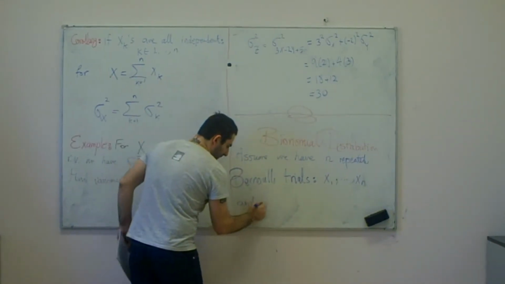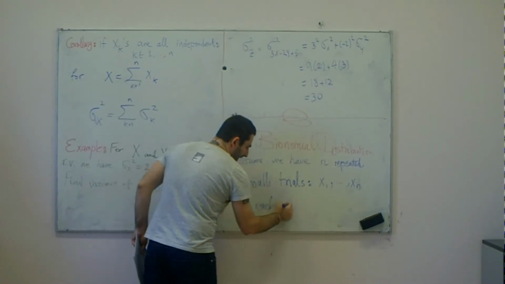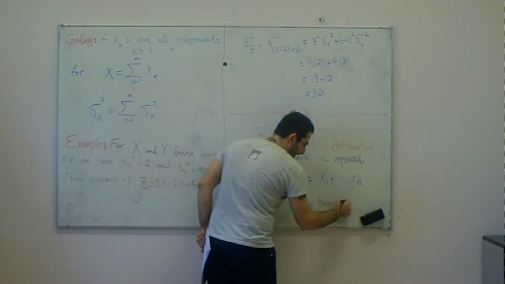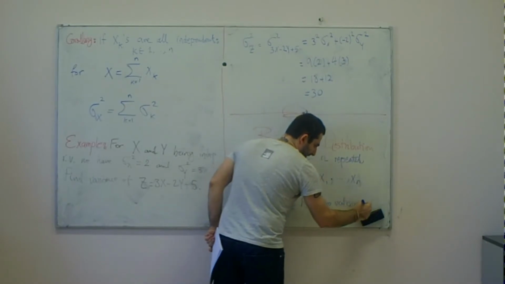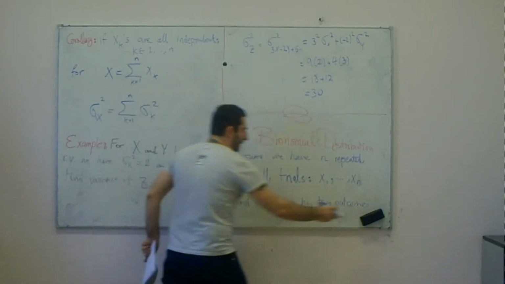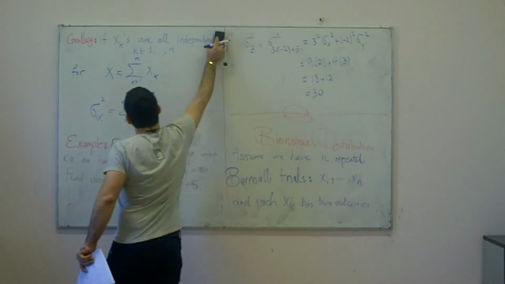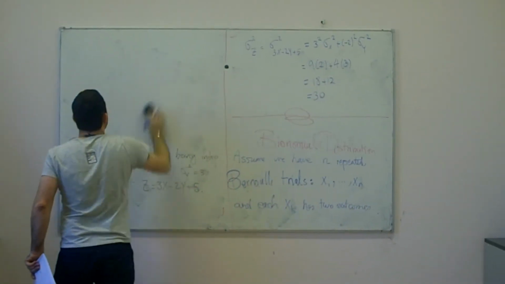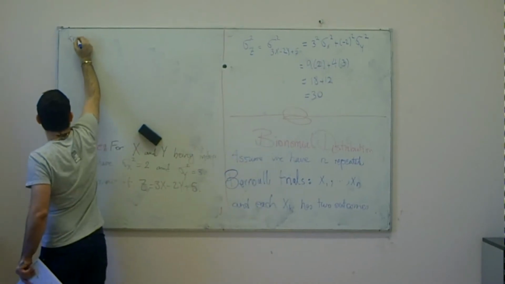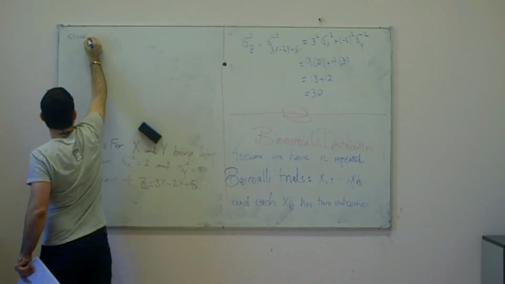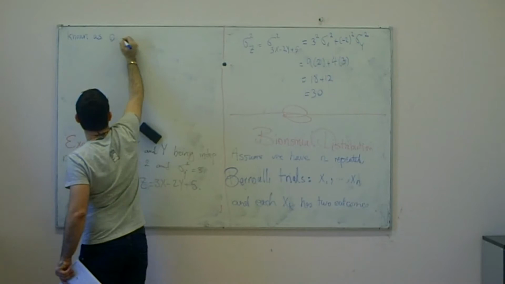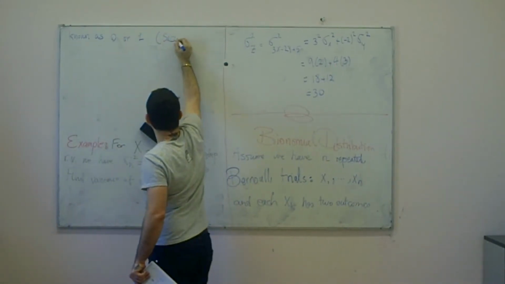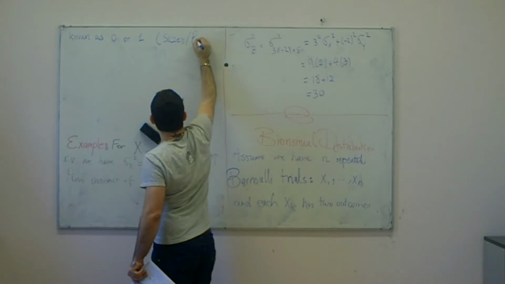And each xk has two outcomes, known as 0 or 1. We call them success or failure.